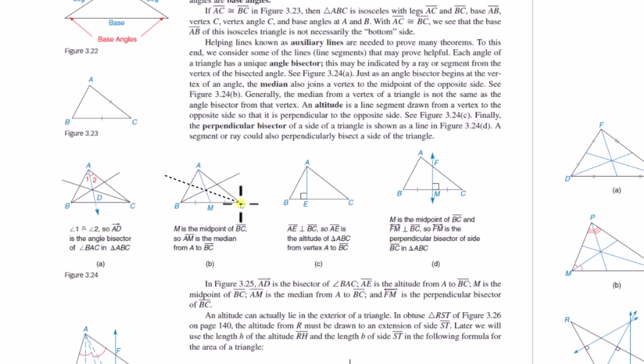Here it goes through the midpoint of AB over here. Okay, so that's the angle bisector, that's the median. Now we also have what's called altitudes. They originate at any one of the vertices of a triangle, and they are perpendicular to the opposite side. So like that, or like that.